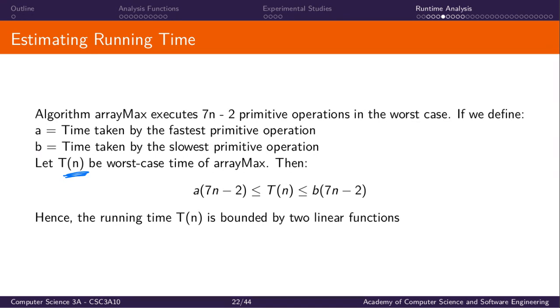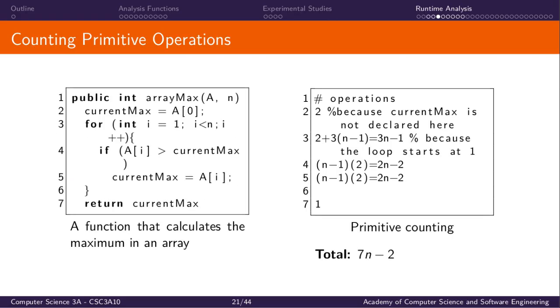Right? Someone asks, why was the total 7n minus 2 and not 7n minus 4? Where do we get minus 4 here? Where do you get minus 5?